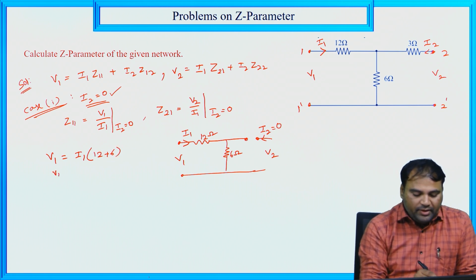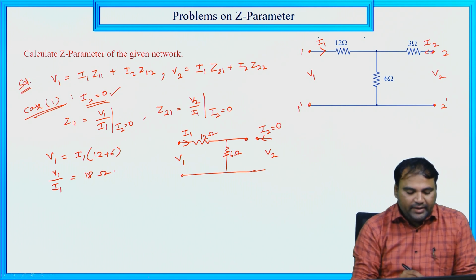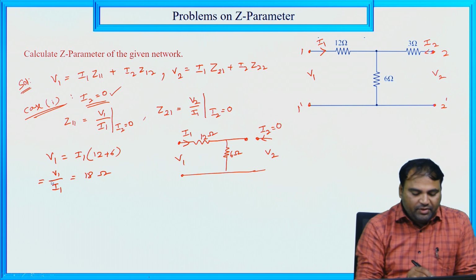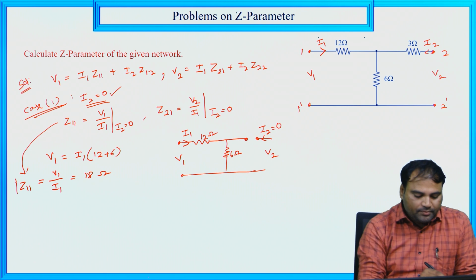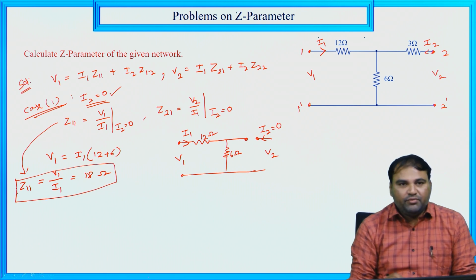So V1 divided by I1 equals 18 ohm. This V1 by I1 is nothing but Z11. So the first value is Z11 equal to V1 by I1, that is 18 ohm.